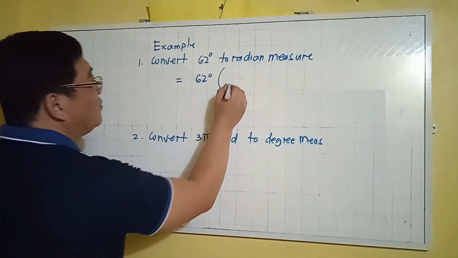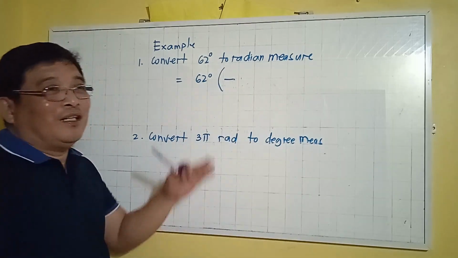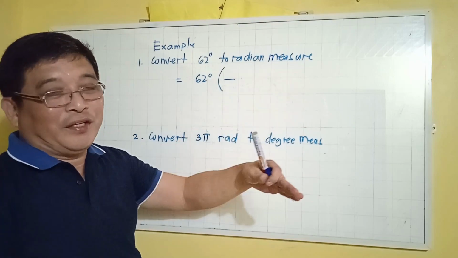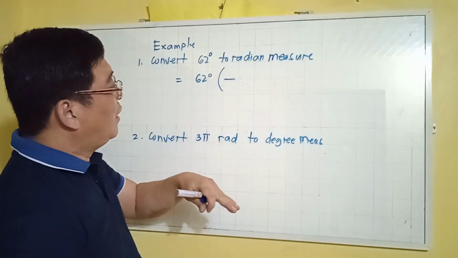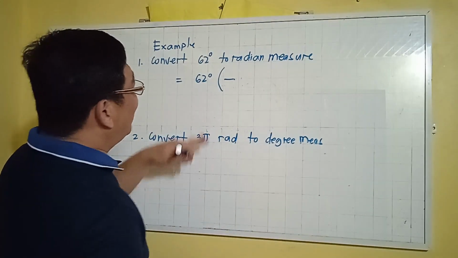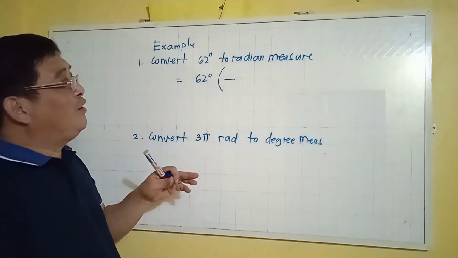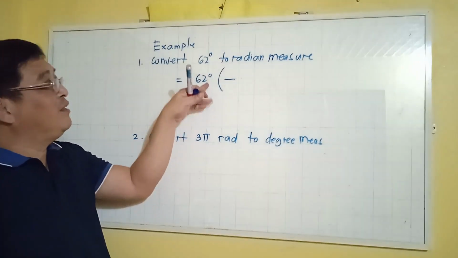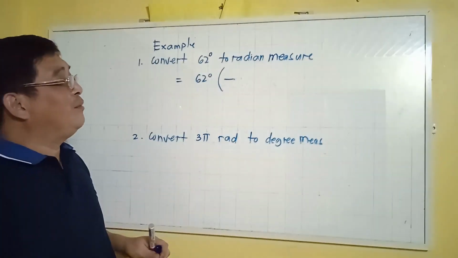Ang conversion natin kanina is a fraction, pi over 180 or 180 over pi. Para malaman natin, ang dapat na ma-cancel dito is degree para makuha natin yung radian measure.